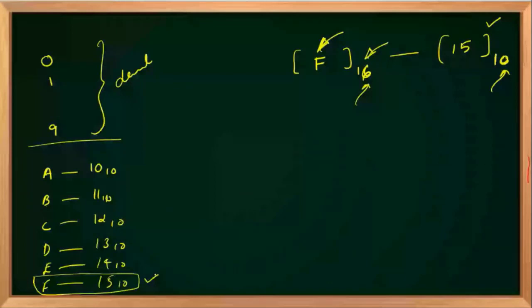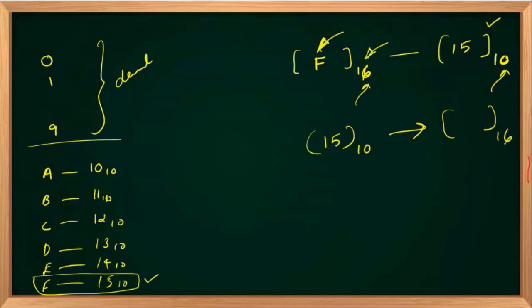If you're converting 15 decimal to hexadecimal, here 10 is less than 16, then you should divide it continuously.